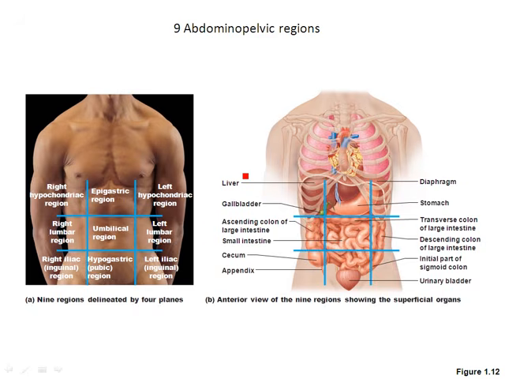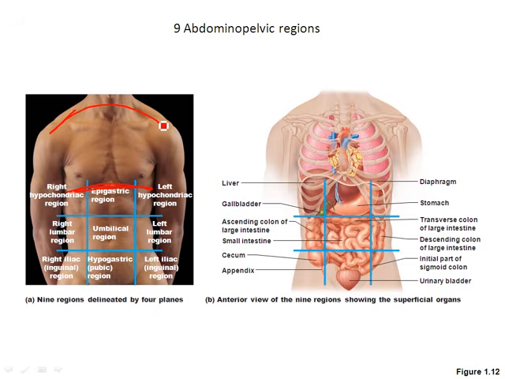All right, some other region names that we use, and these only refer to the abdominopelvic cavity, or that region of your body, so anything below the level of the diaphragm. So not your chest, not your heart, your lungs, or anything like that. And these are some terms that you'll see, kind of a medical terminology of where things are, because obviously the body is covered in skin and you can't see the organs inside.